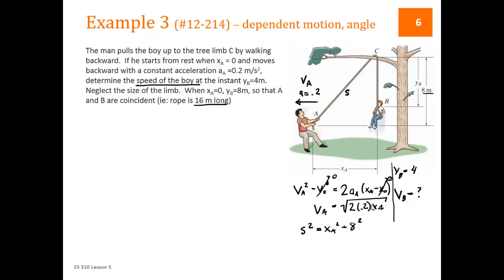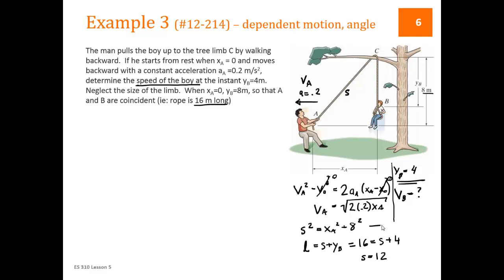And we also know that the total length of the rope is S plus YB, and we're told YB is 4, right here. So if YB is 4, then we've got 16 is equal to S plus 4. So S must equal 12.